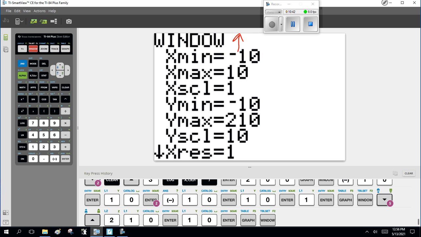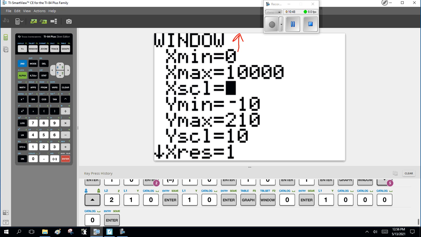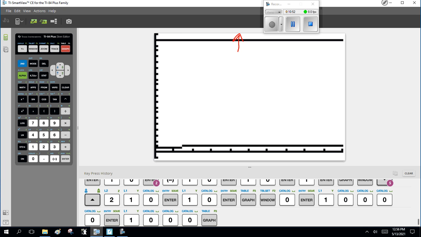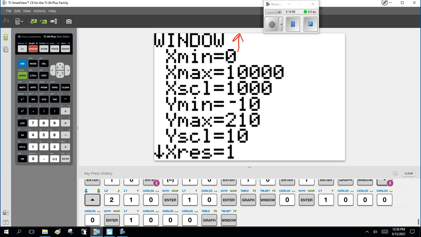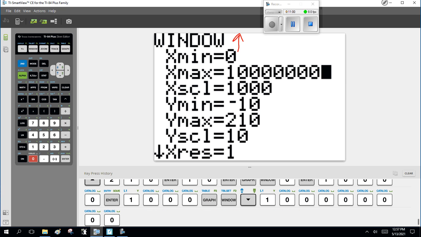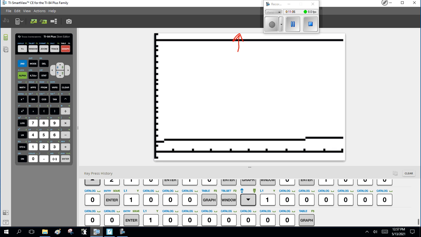Window 0 to 10,000. And there's 1,000. Oh, not even close. Window. Oh, I'm up to billions and it's not there yet.